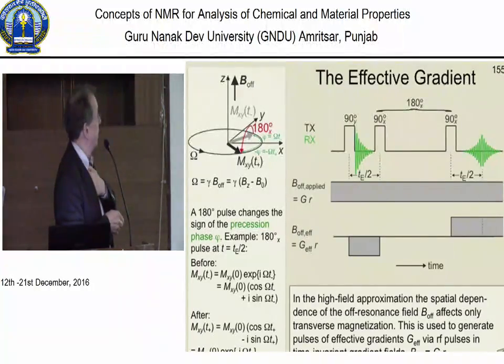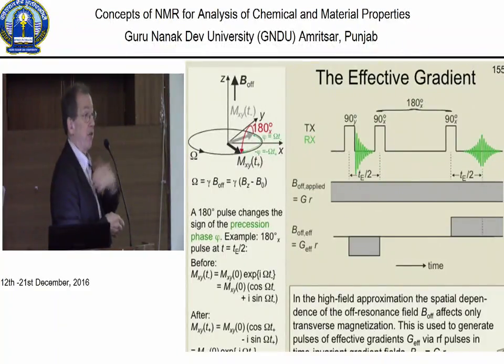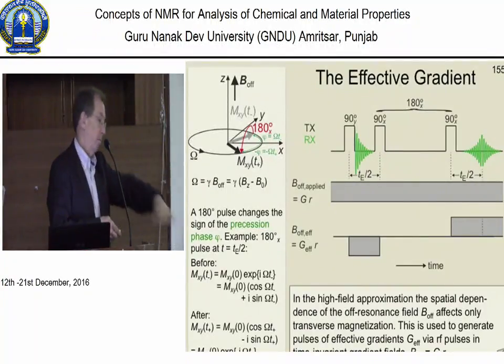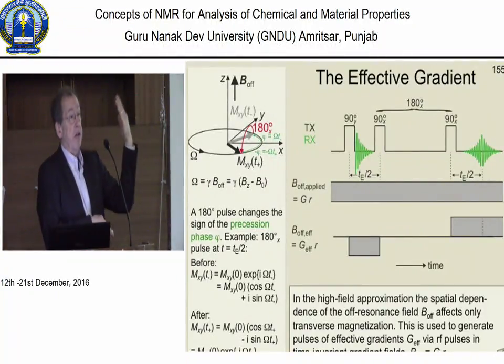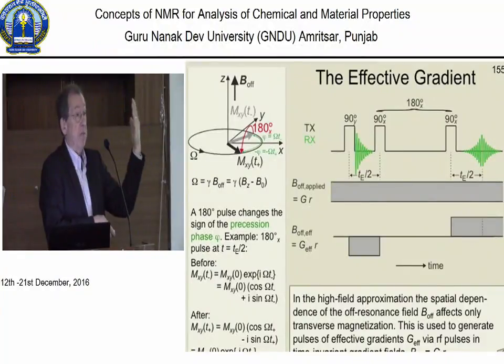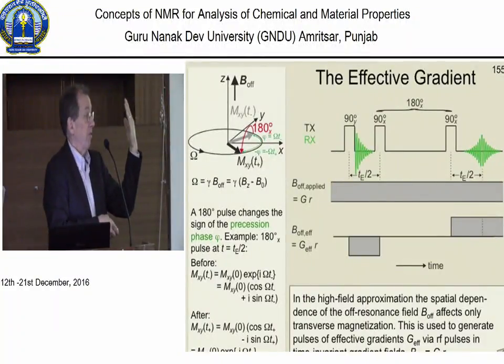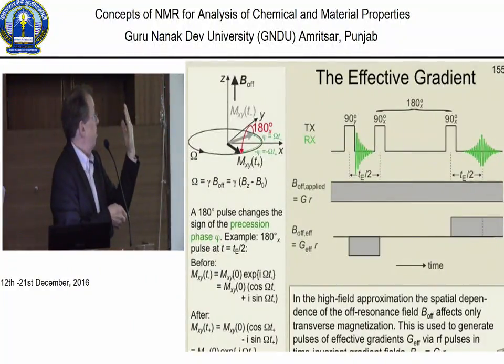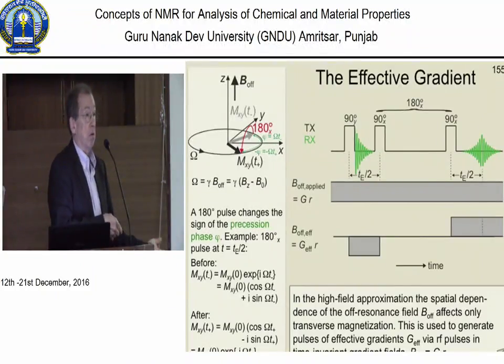You can generate an echo with 2 pulses, a 90, 180 degree pulse, which give you the classical Hahn echo. But when you split the 180 degree pulse in 2, then you generate with the first one transverse magnetization, flip the magnetization down, it precesses. You flip it back, then it becomes Z magnetization, again Z magnetization. It doesn't precess. And then you flip it back down and you generate the echo.